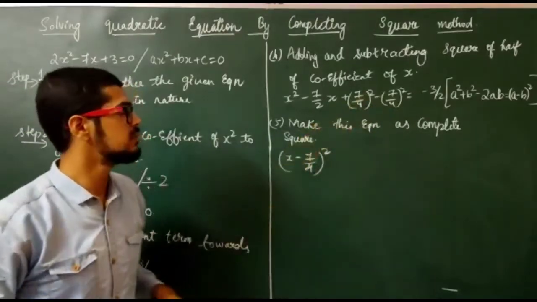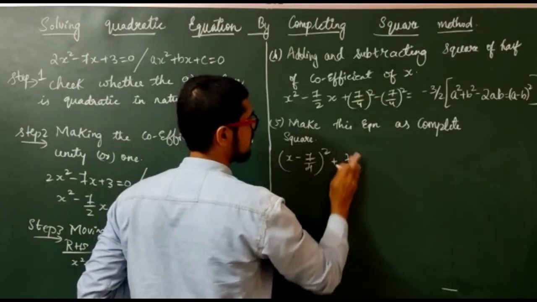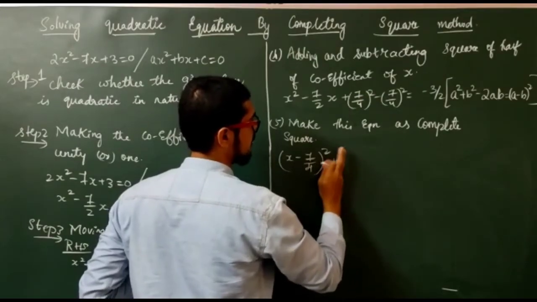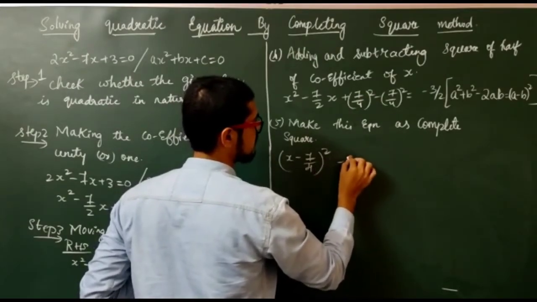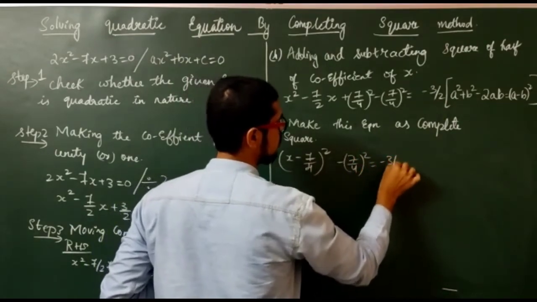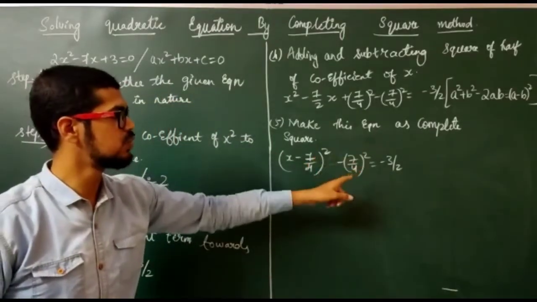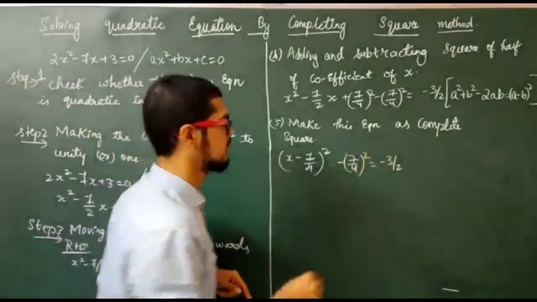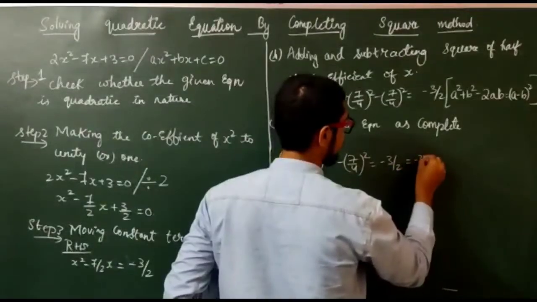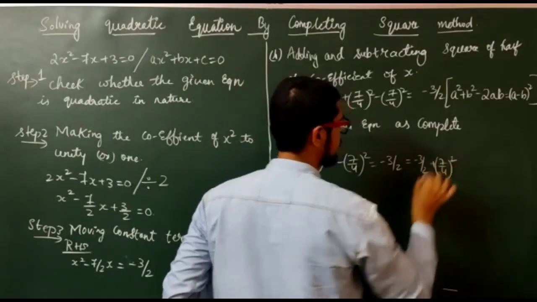My remaining term is minus 7 by 4 whole square is equal to minus 3 by 2. Now if I shift this term towards the right hand side, what will I get? So I will get this as minus 3 by 2 plus 7 by 4 whole square.